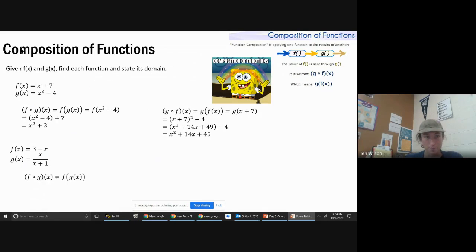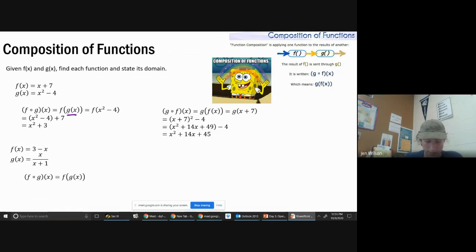Let's try another one. All right, so here we've got x squared plus 7 and x squared minus 4. And if you look at this, it's typed out this time for you. We're plugging g of x into f of x.